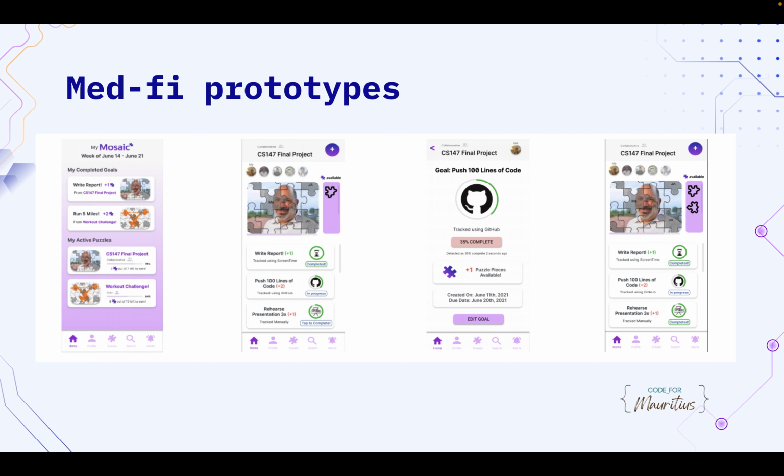As you can see here, there's a lot more detail, and the screens look much neater, much nicer. There's a lot more thought about the colors, the different themes, the images, and what text would appear on these screens. And here are just 4 different screens of our medium-fi prototype.